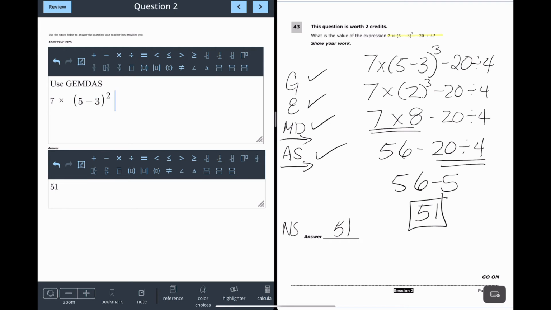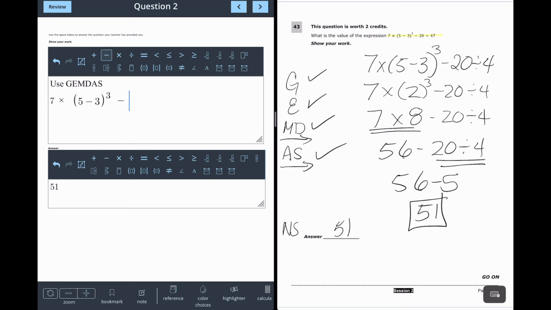Very easy to make silly mistakes when you're doing something for the first time. So I used that little part here. Oh wait, this is to the third power. There we go. So I keep looking back at my work. Did I write what I meant to write? So 7 times 5 minus 3, parentheses, the little exclamation point. Great. And now minus 20.